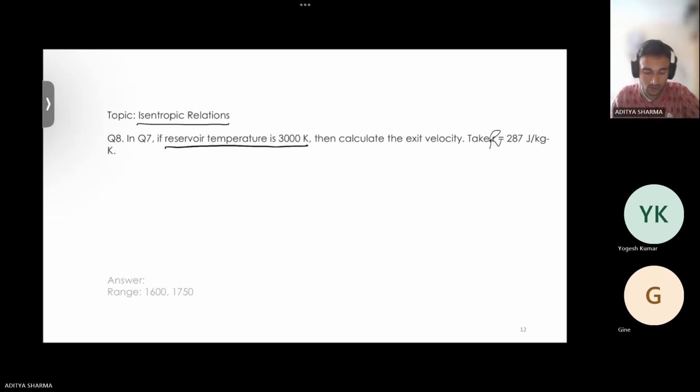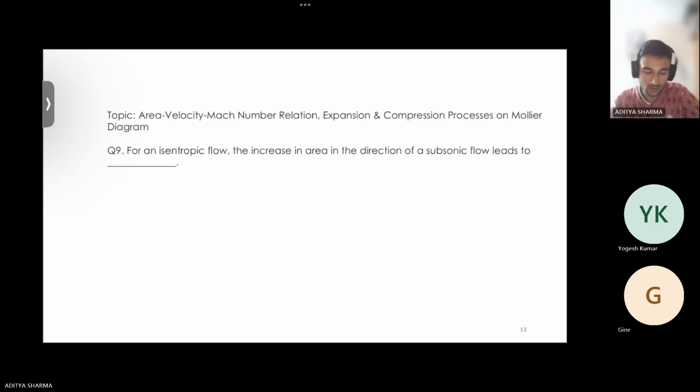Okay then. So the topic is area velocity Mach number relation, expansion and compression process on modular diagram. That direction of question, last question finished.